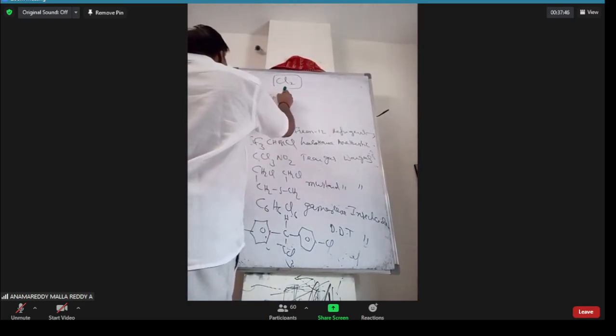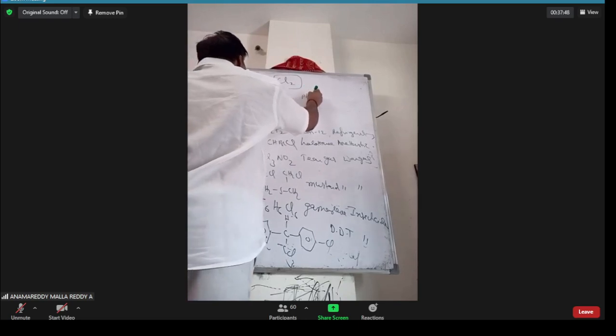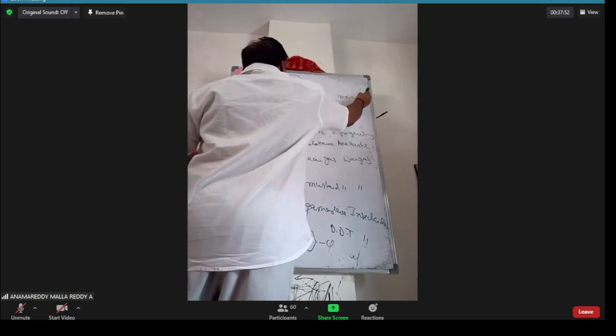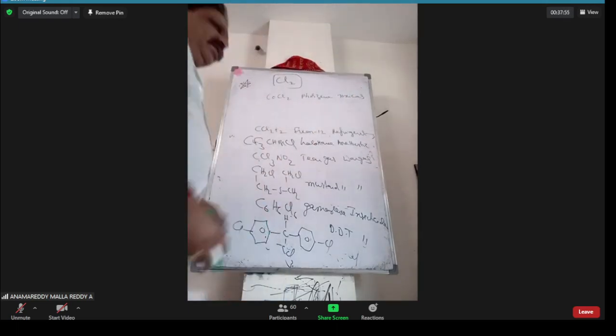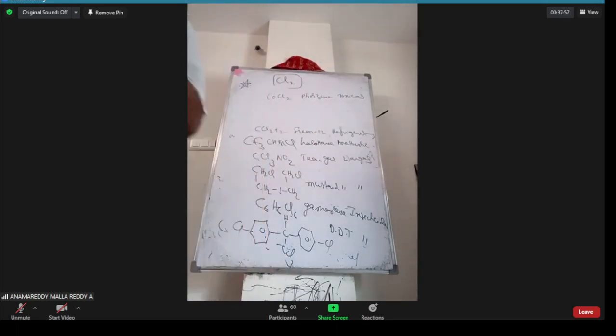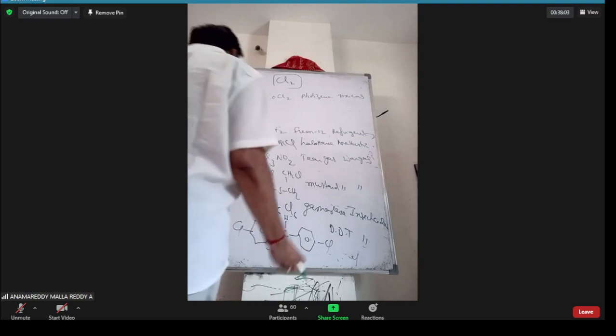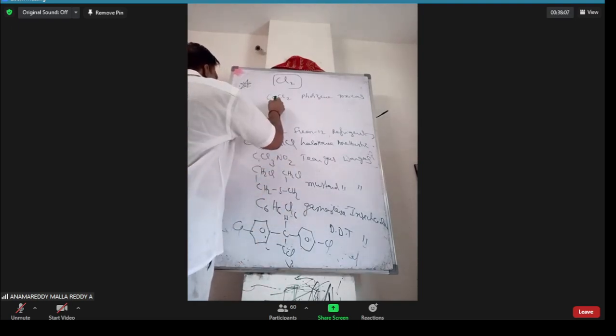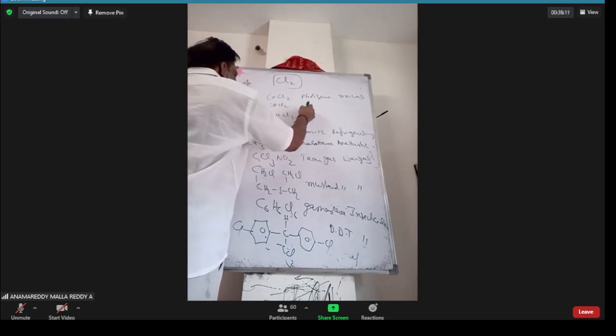COCl2, phosgene, toxic gas. This was the cause of the Bhopal tragedy. Actually, this produces methyl isocyanate. Phosgene is produced when chloroform is exposed to air. Westron, solvent.